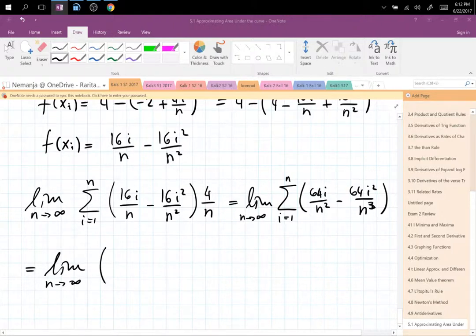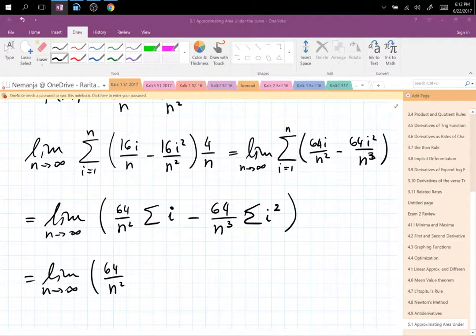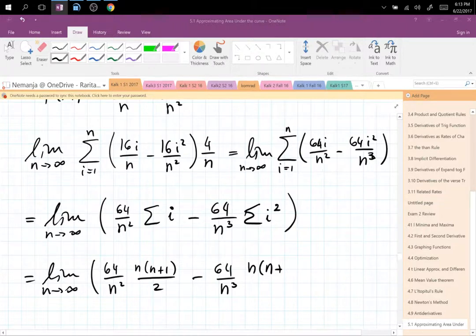So kick out constant 64 over n squared, summation of i, minus 64 over n cubed, summation of i squared, equal to limit n goes to infinity, and now you have 64 over n squared, summation of i is n times n plus 1 over 2, and then minus 64 over n cubed, n times n plus 1, 2n plus 1 over 6.